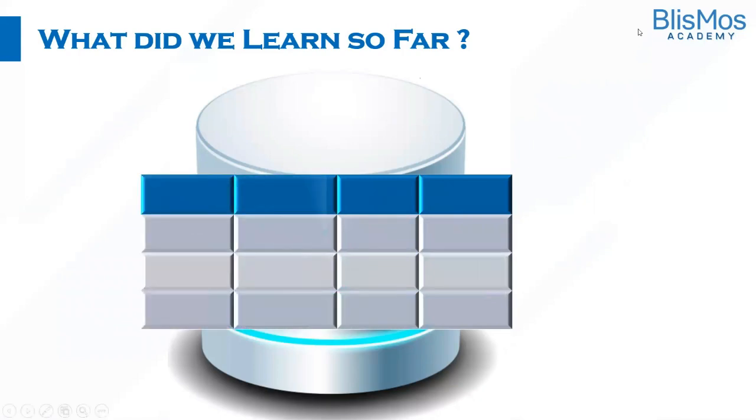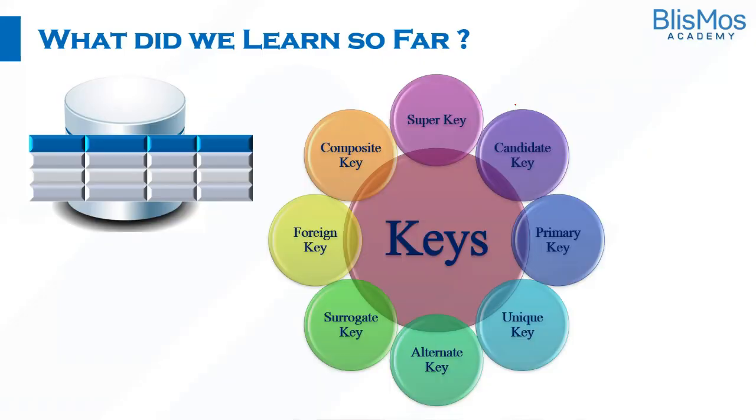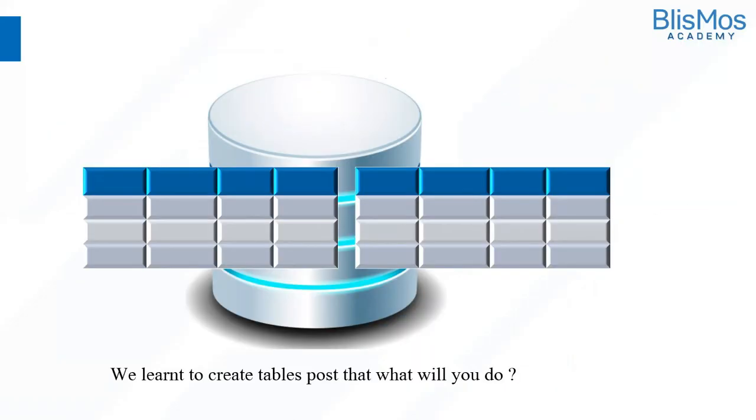We also learned different objects like sequences, views, and tables. After learning about the database objects, we learned about different keys like super keys, primary key, foreign key, and other keys. As a part of the database objects, we learned what tables are and how we create tables.